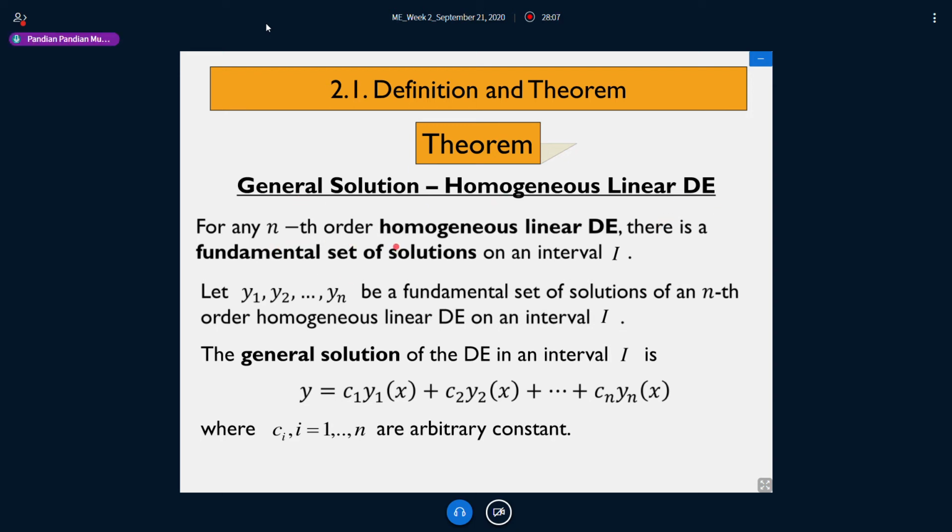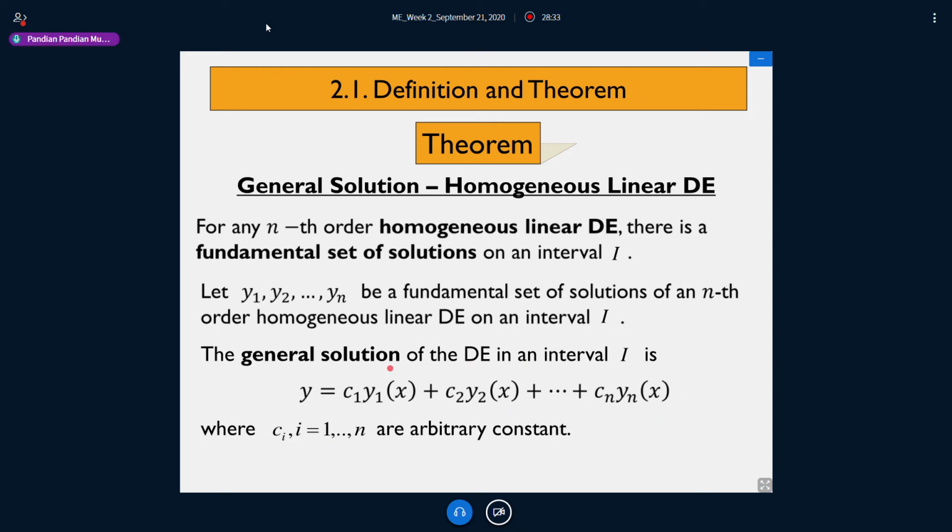For the nth order homogeneous linear differential equation, there is a fundamental set of solutions on interval I. So let y1, y2 until yn be a fundamental set of solutions of an nth order homogeneous linear differential equation on interval I. Then the general solution of the DE on interval I is written in this form.